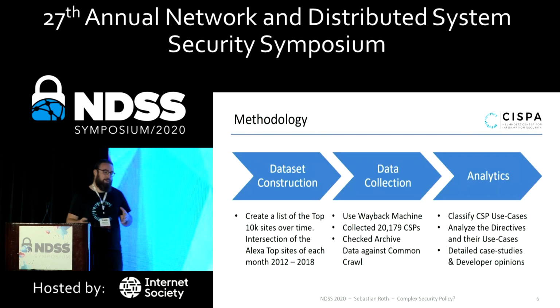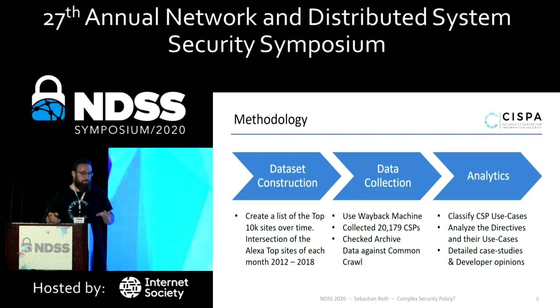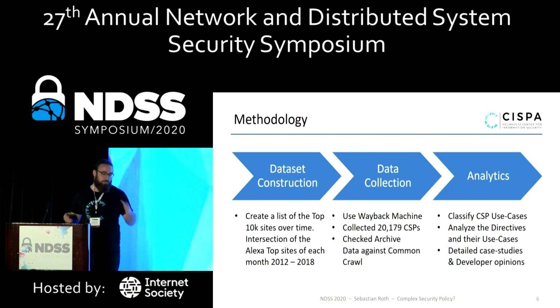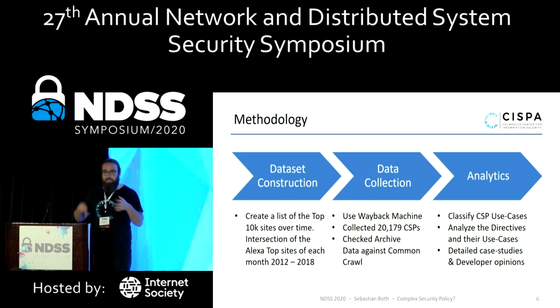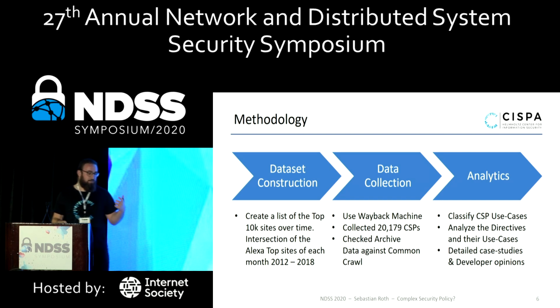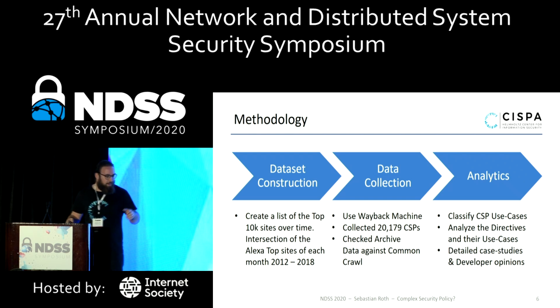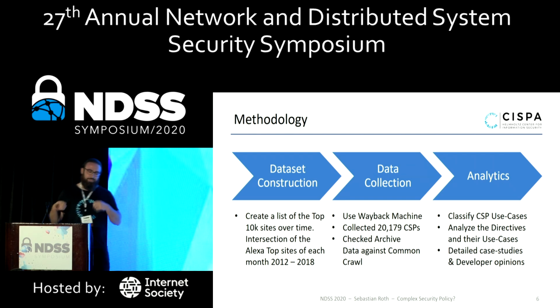Therefore, we decided to conduct a study with the top 10,000 websites over the course of time and build an intersection of the average Alexa top lists between 2012 and the end of 2018. Then we used the Internet Archive's Wayback Machine to collect more than 20,000 CSP headers.